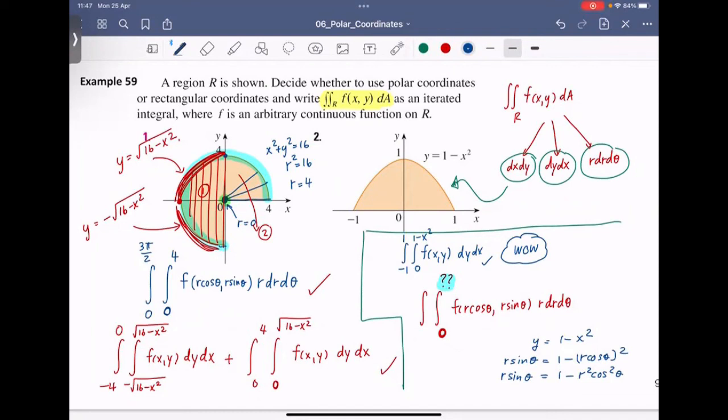Hard. And then how about, what should I do then? Pretty hard. I'm going to move this thing over: r squared cosine squared theta plus r sine theta minus 1 equals 0. So now you have r squared cosine squared theta plus r sine theta minus 1 equals 0.